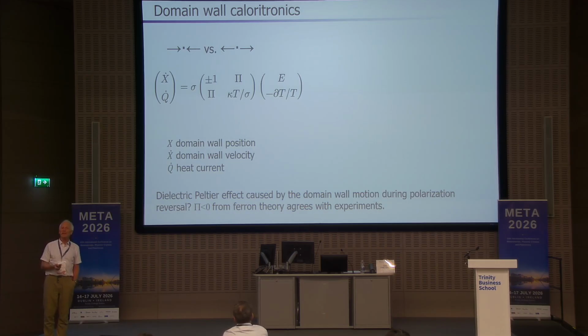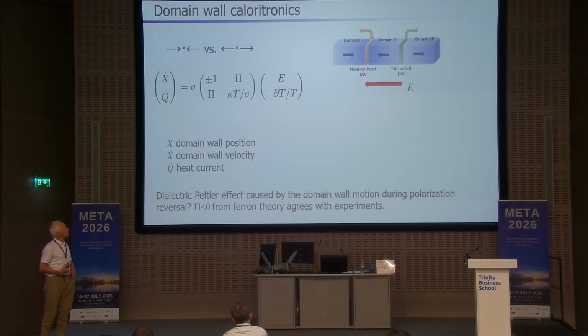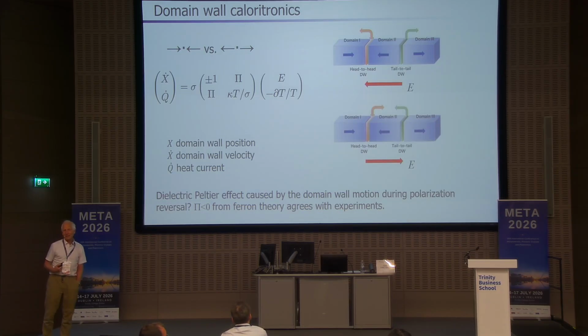The reciprocal effect is that moving domain walls generate heat current. And now, if you look at what happens here, we have these types of domain wall structures when we flip the magnetization, and they move in this direction and in this direction when the electric field is flipping. And these drive heat currents in one direction, and we get divergences at the edges, and that may be what the experiments observe.